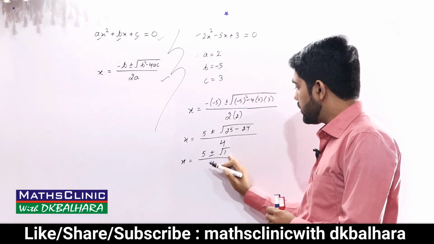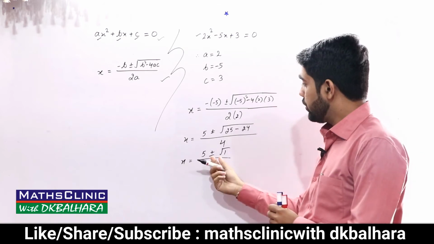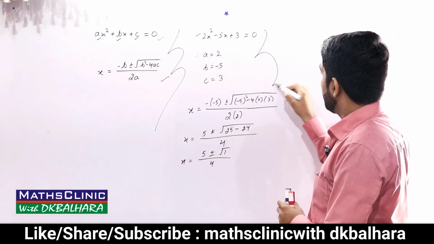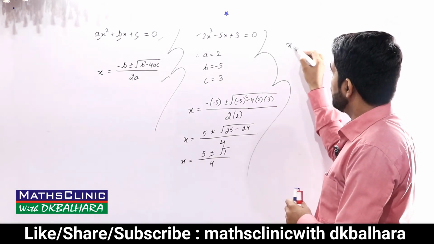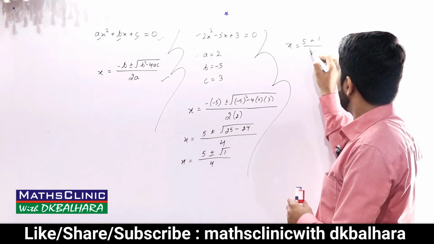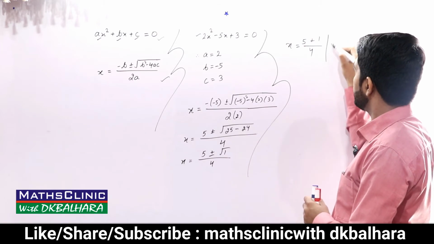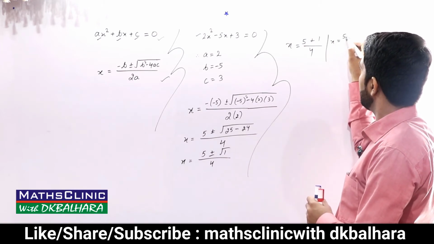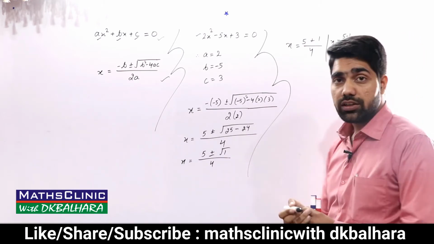Now further simplifying, we will break it. x equal to 5 plus 1 upon 4, and one time it will be x equal to 5 minus 1 by 4. Getting now?